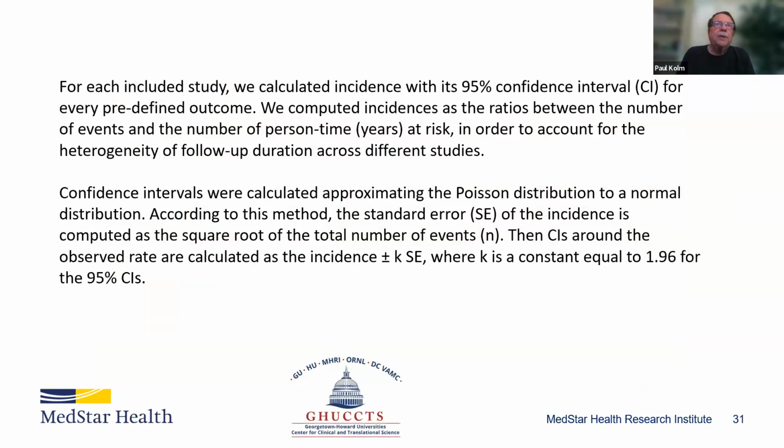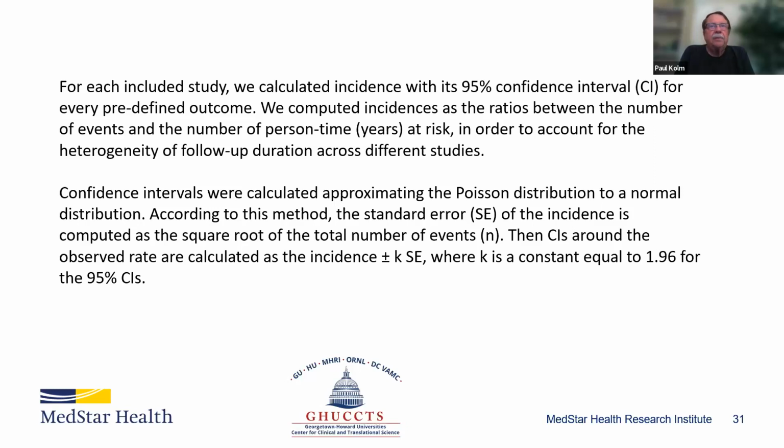What they calculated was the incidence per person-years at risk in order to account for the heterogeneity of follow-up across the different studies. This is a real plus for their study, that they're looking at a statistic that is taking into account the follow-up duration.